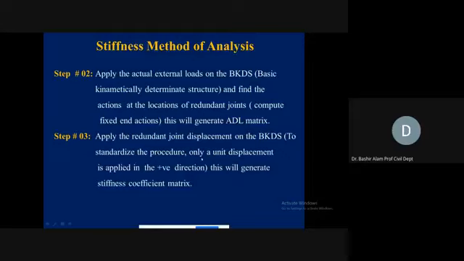To standardize the procedure, only a unit displacement is applied in the positive direction, and this generates the stiffness coefficient matrix. We apply a unit displacement in the positive direction and find the member end actions generated. The corresponding member end actions give us that specific stiffness coefficient value.